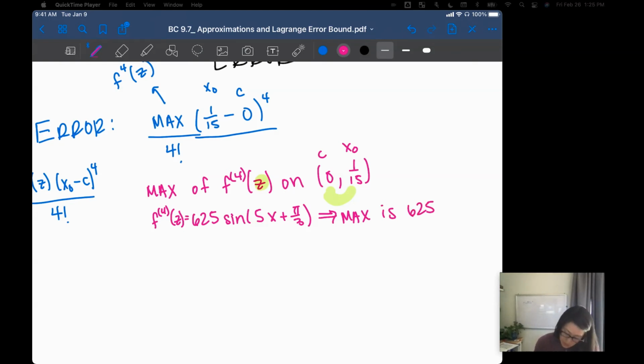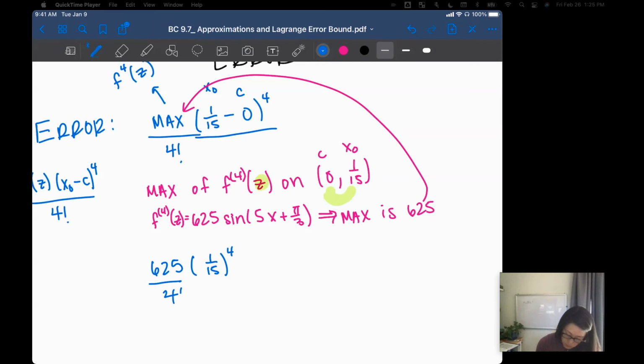So I'm going to go ahead and substitute this in for the max value. So I get 625 as the maximum value of the fourth derivative, times 1 over 15 to the 4th over 4 factorial. Okie doke.